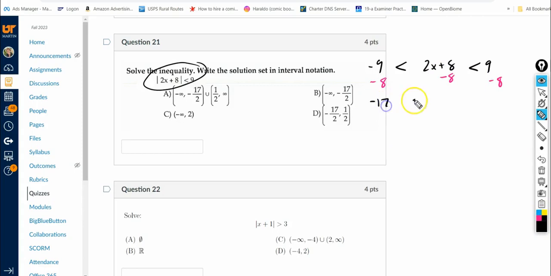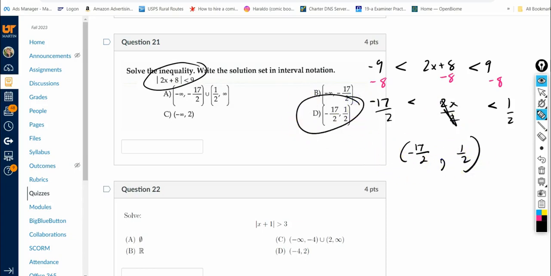So I'm going to have -17, and 9 minus 8 is 1, and then divide everything by 2. And so I'm going to have -17/2 is the lower limit, and a half, and the endpoints are not reached. So I'm going to have D.